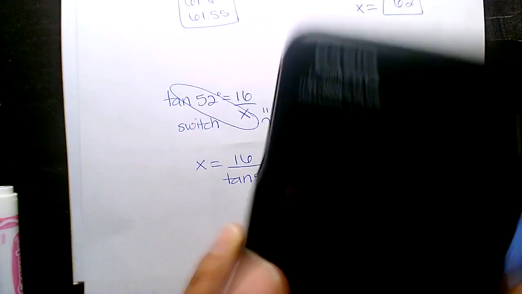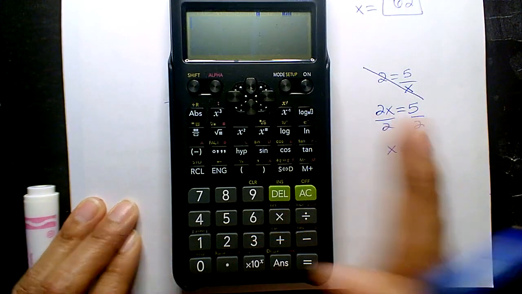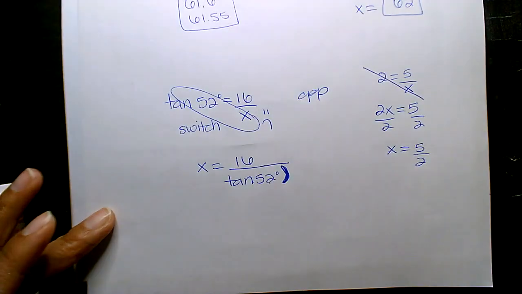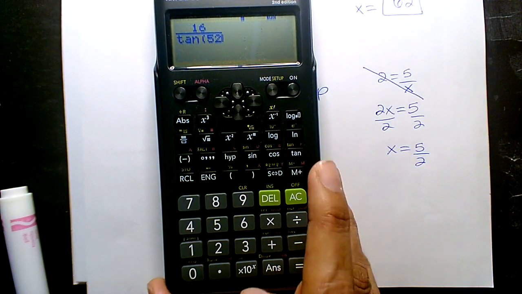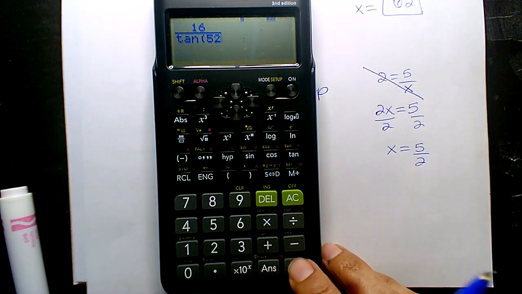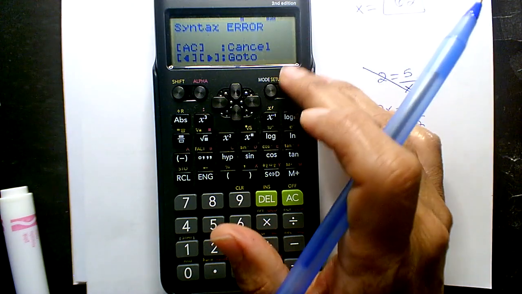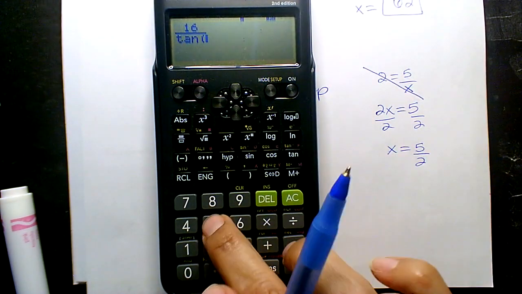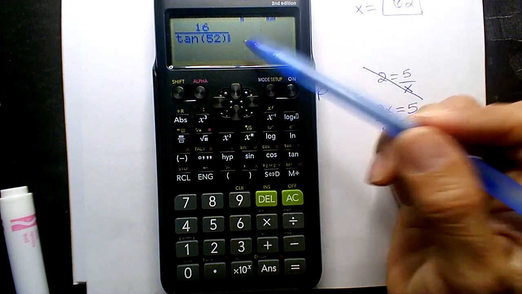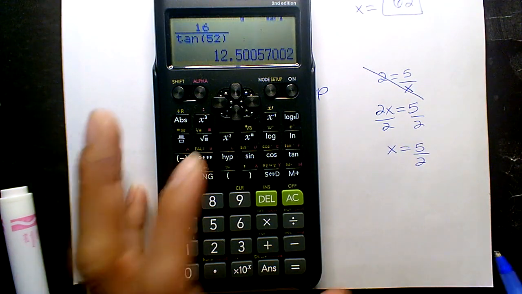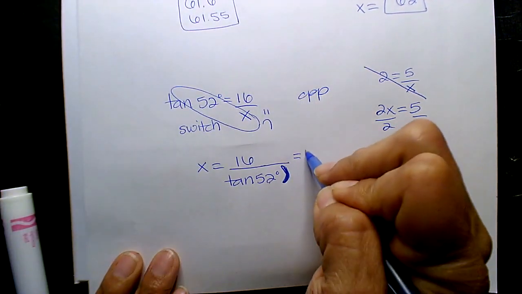So what I mean is, fraction, 16, tangent of 52. If I don't close that, see the cursor? If I don't close a parenthesis, I'm going to get rejected. Syntax error, right? So go back, 16, tangent of 52, close that parenthesis, right? Close it, and you get a legit answer, 12.5.